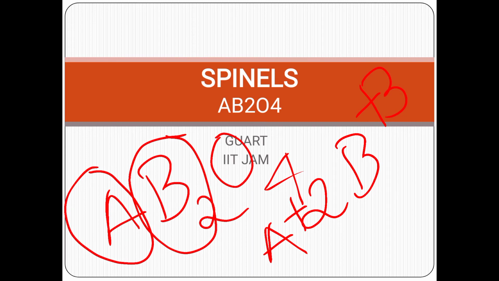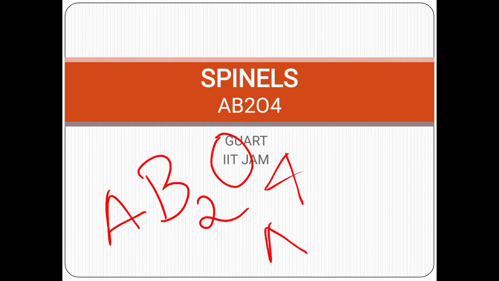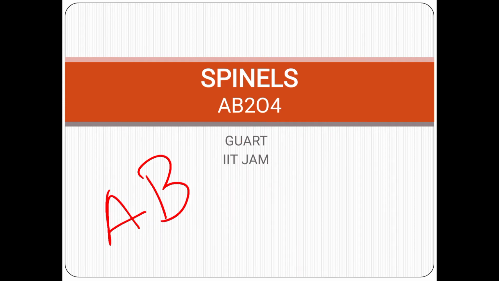So this is the basic structure of any spinel. Now A occupies the tetrahedral position and B occupies the octahedral position. But which position A occupies and which B occupies depends on the spinel also.